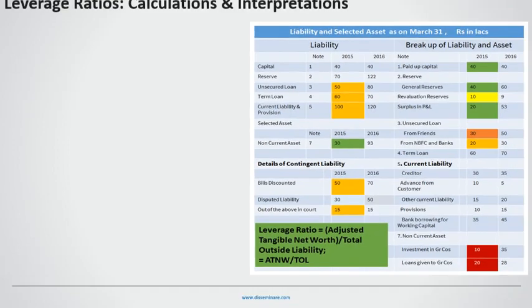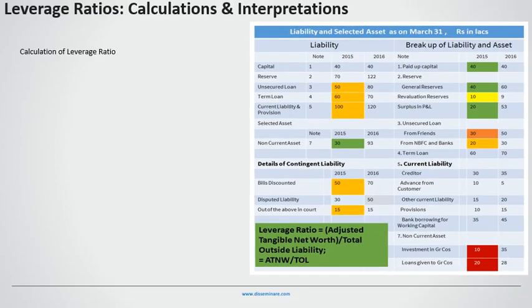Now we shall calculate the leverage ratio. Calculation of leverage ratio is given by the formula. Leverage ratio equals total outside liability or TOL divided by adjusted tangible net worth or ATNW. From the calculations in the previous slide, we get for 1. March 2015, TOL equals rupees 245 lakhs and ATNW equals rupees 100 lakhs.